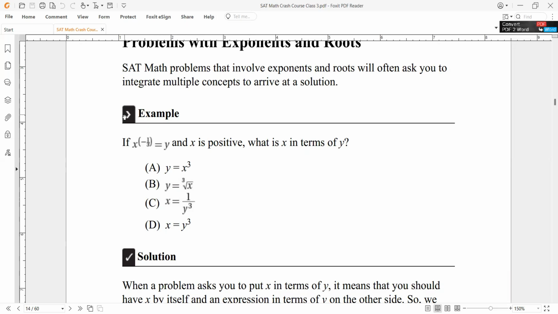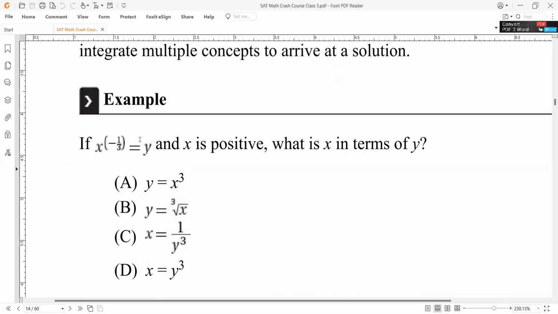So basically, what we are asked is that we need to find the mathematical expression for x in terms of y. Because x to the power negative 1 by 3 equals y, and y here is just a lonely term, a single term sitting here alone.